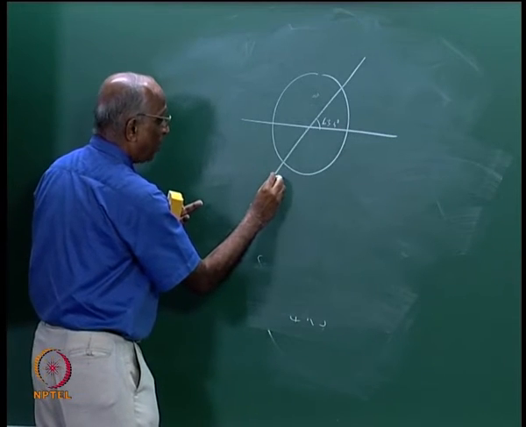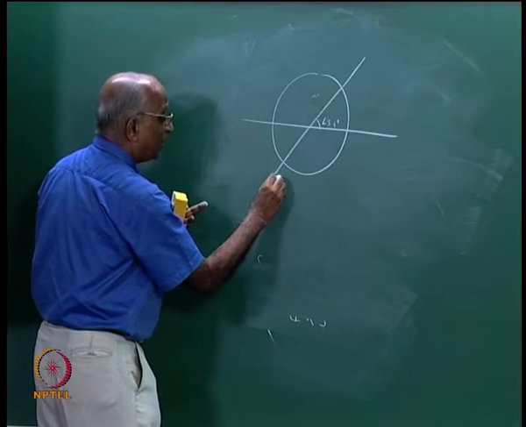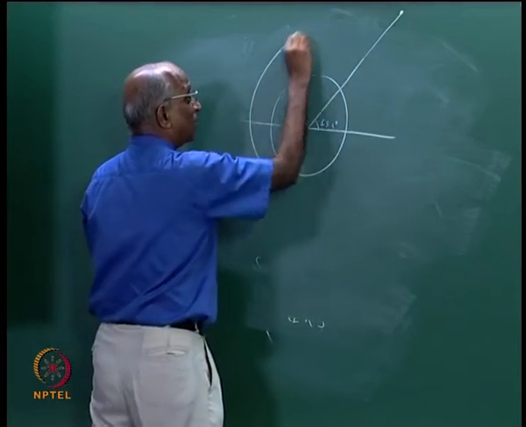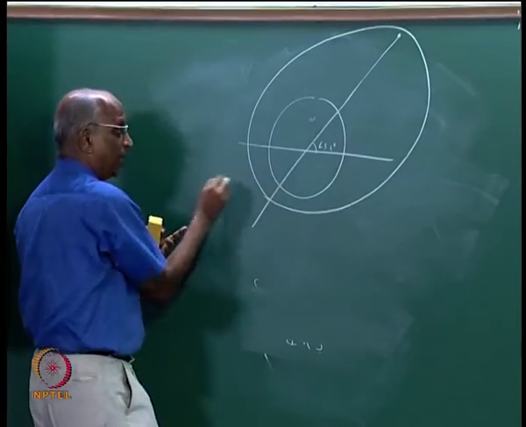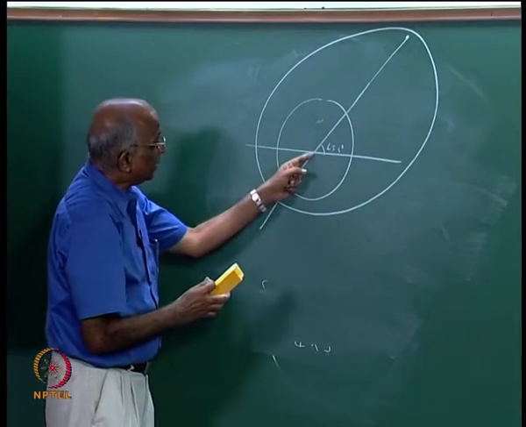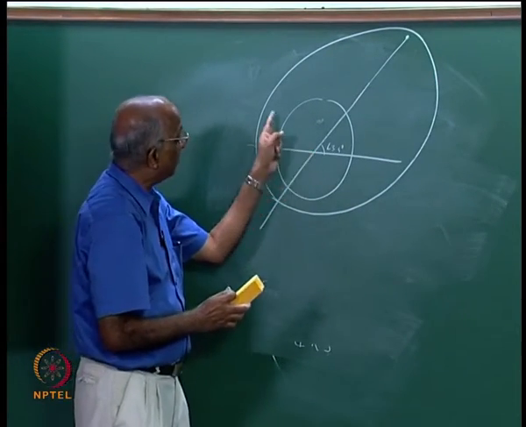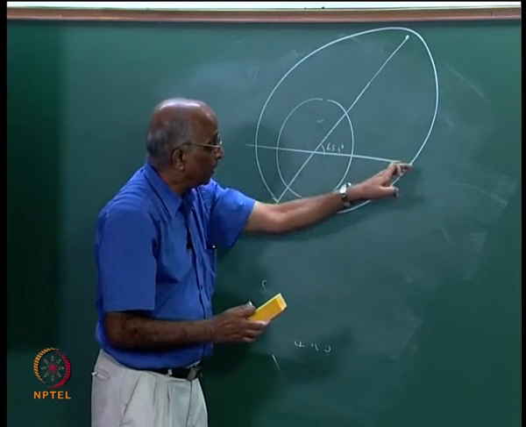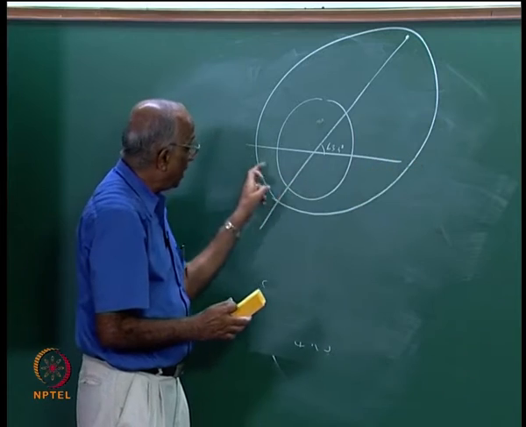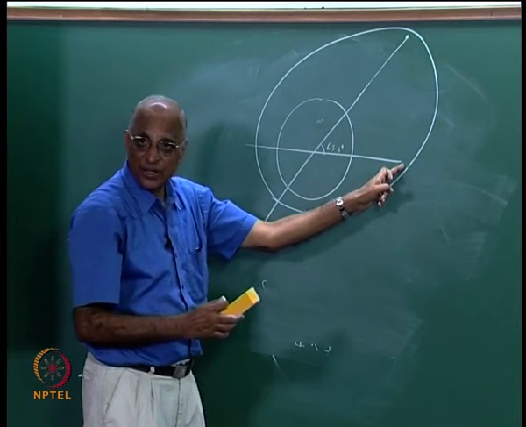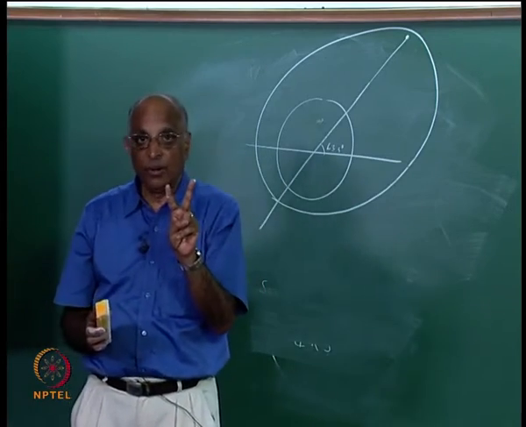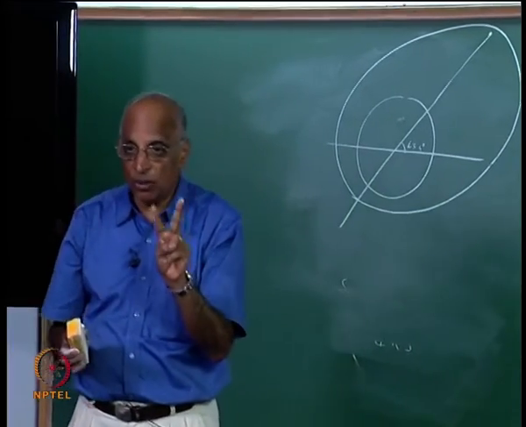Then I have an orbit which has a smaller distance here and a much longer distance here, that is, the orbit is elliptic. I find that the spacecraft rotating spends much more time in the northern latitude and correspondingly smaller time in the southern latitude. And what was the second law we stated when we talked of orbital motion?